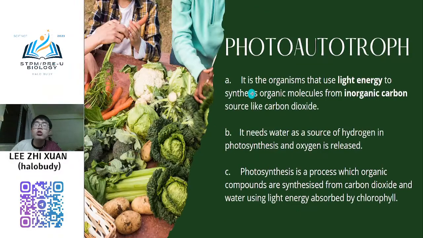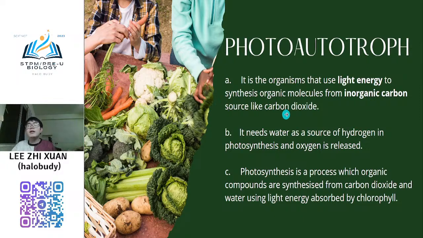And then photoautotroph. This one, photoautotroph, meaning that the energy comes from light energy. Very specific, it mentions that it uses the light energy only. Dia gunakan cahaya je. And then it obtains the carbon sources from carbon dioxide.